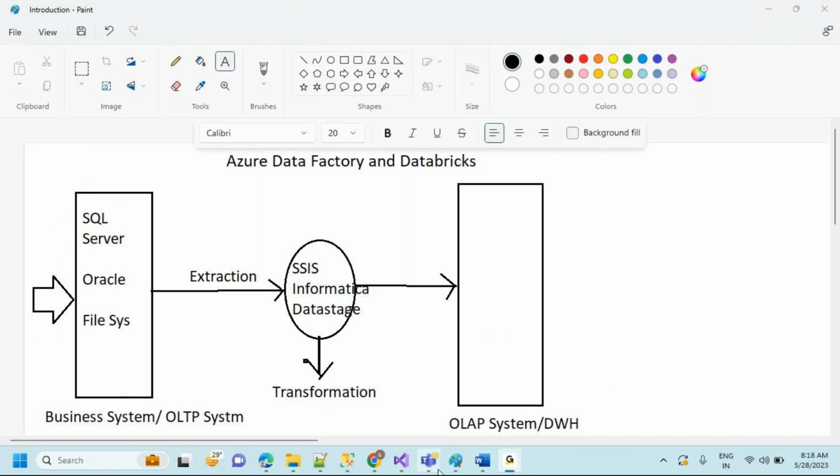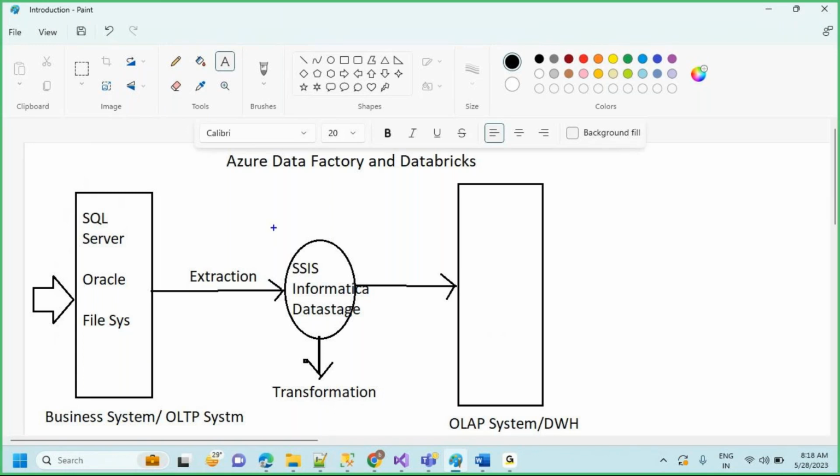Yeah Prasad, I'll give a brief idea about it. Basically, before Azure Data Factory, to shape your business data to get the insights, we have to give the data to a downstream system where they get the insights. For that reason, previously we used to go for SQL Server Integration Services, Informatica, DataStage.